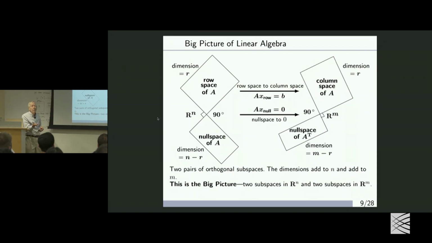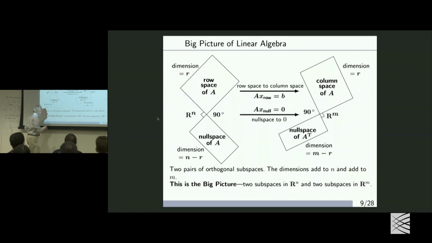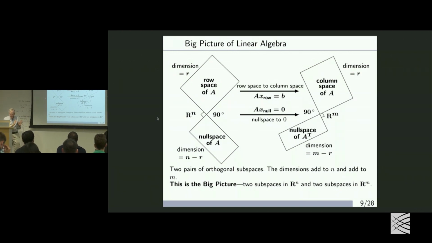Its rank might be 4, meaning 4 independent vectors in the column space, 4 independent rows in the row space. So this would be size 4, that would be size 4. Then the null space and the null space of A transpose would complete the picture. Okay, so that's the first half of the course.